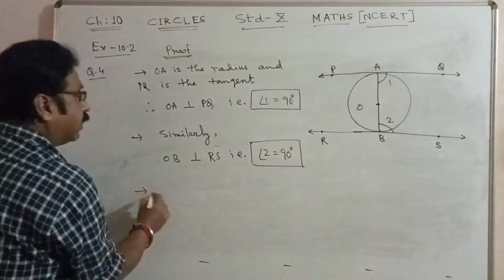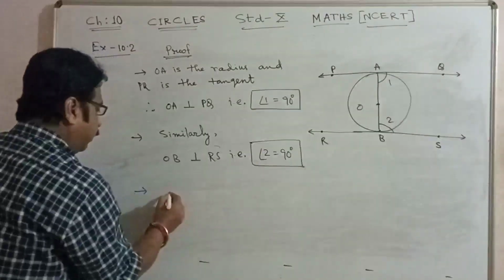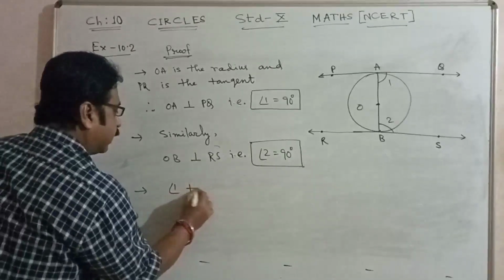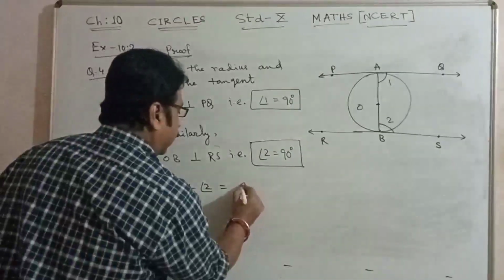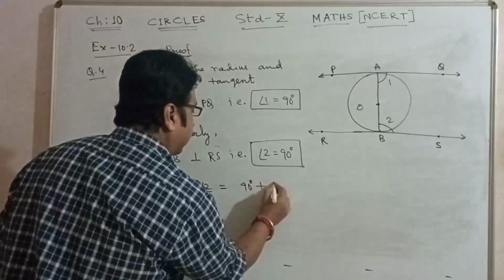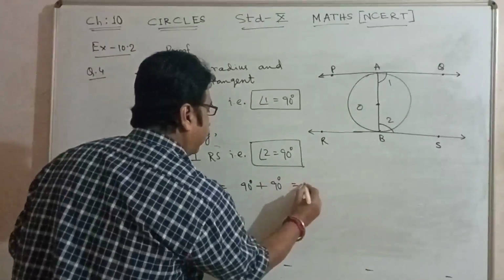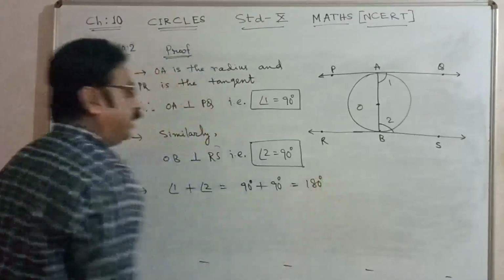First, angle 1 plus angle 2 equals 90 degree plus 90 degree equals 180 degree.